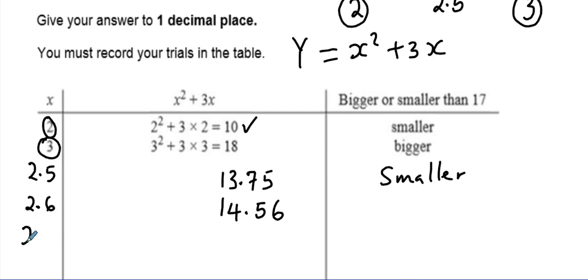Now, because 14.56 is not equal to the expected, it's still smaller than the expected number.